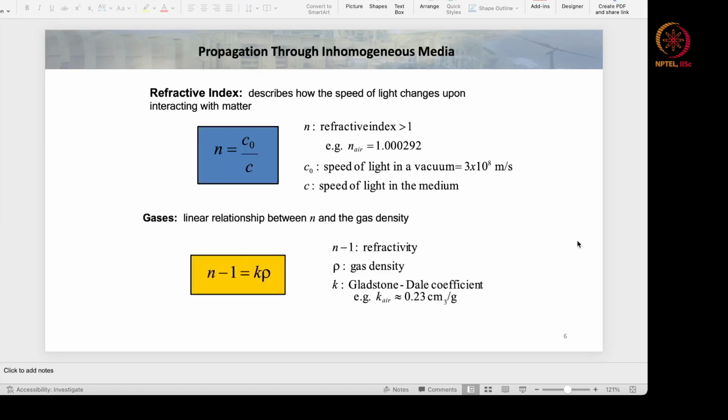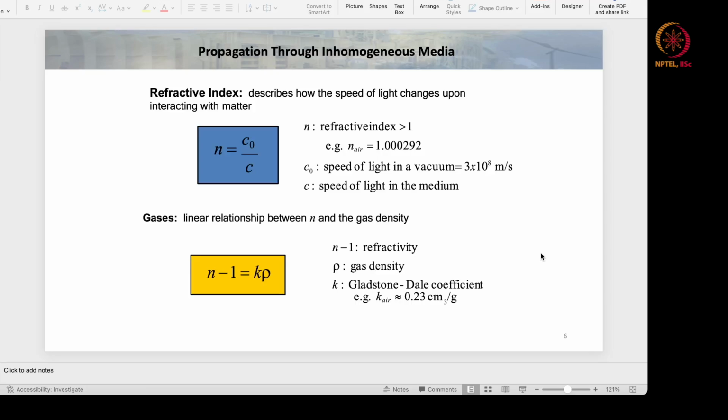So now we go into a little bit of mathematical details. How do we define refractive index? Refractive index is nothing but the velocity of light in vacuum divided by the speed of light in the medium. The velocity of light in vacuum is 3 × 10^8 meters per second. And the speed of light in the medium is whatever it is going to be.